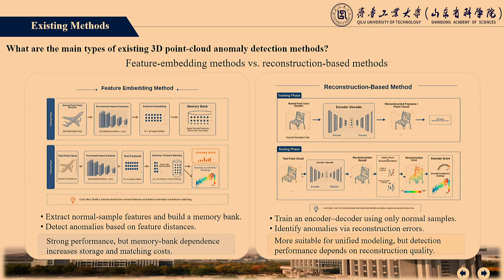Reconstruction-based methods are more suitable for unified modeling, but their performance highly depends on the reconstruction quality. If normal regions are not reconstructed well, false positives may occur. If anomalous regions are also reconstructed, false negatives may occur.